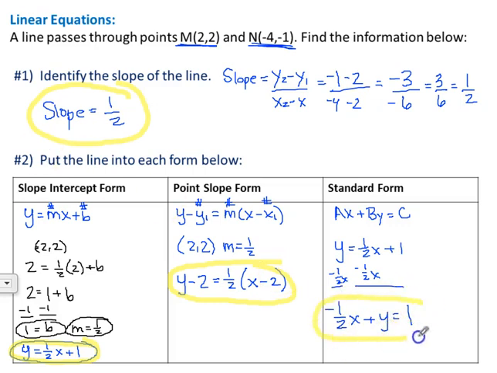So again, I know this might all look kind of strange to you, but you're going to spend more time looking at the Schoology lessons and get better at putting the equation of a line into 3 different forms. So each of these equations represents the same exact line. So that's what I want you to take away.